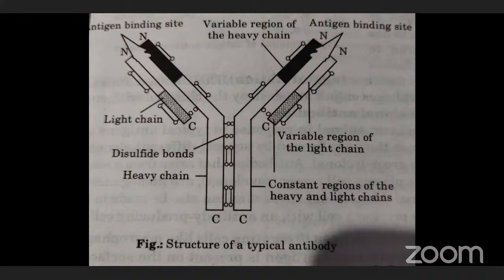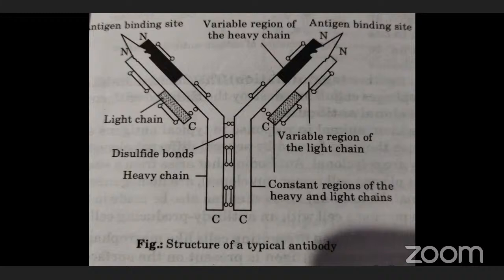So antigens are substances which are introduced into our body, which stimulate the production of antibodies. Most antigens are proteins, but some are carbohydrates, lipids or nucleic acids.